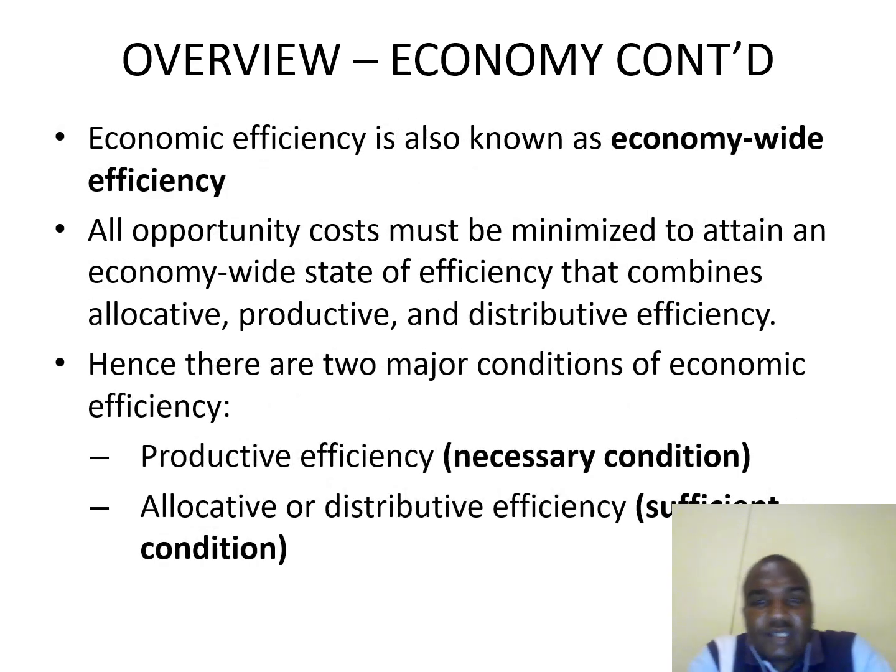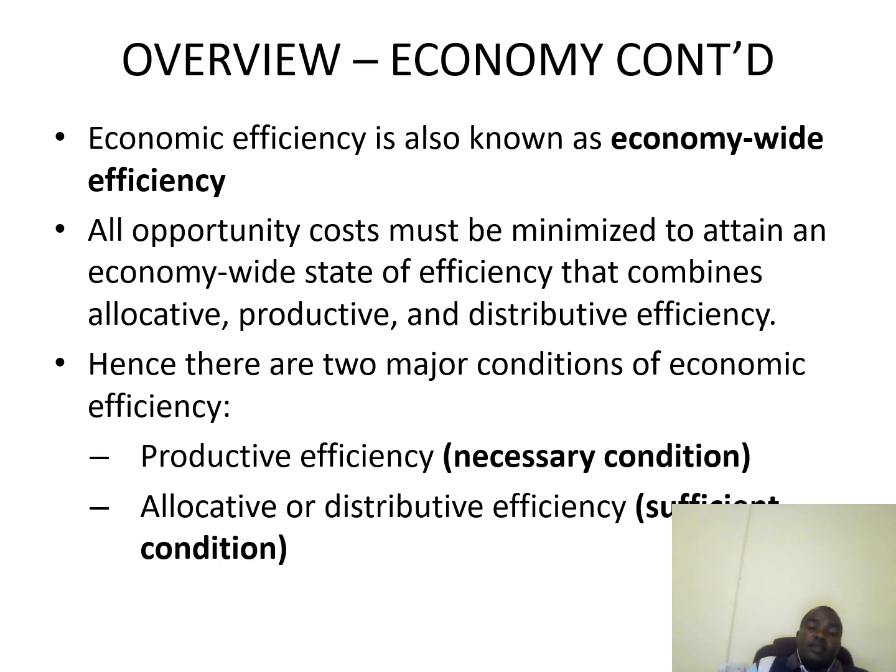Economic efficiency is also known as economy-wide efficiency. All opportunity costs must be minimized to attain an economy-wide state of efficiency, one that combines allocative, productive, and distributive efficiency. Hence, there are two major conditions for economic efficiency.